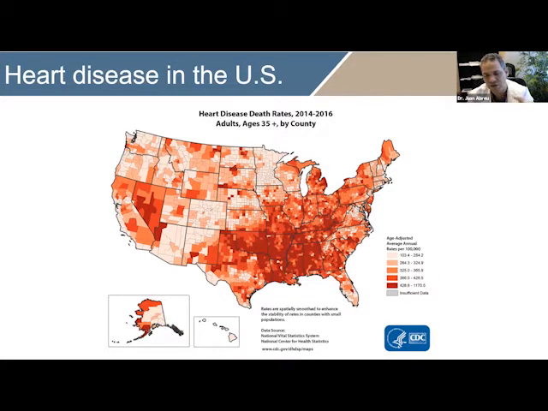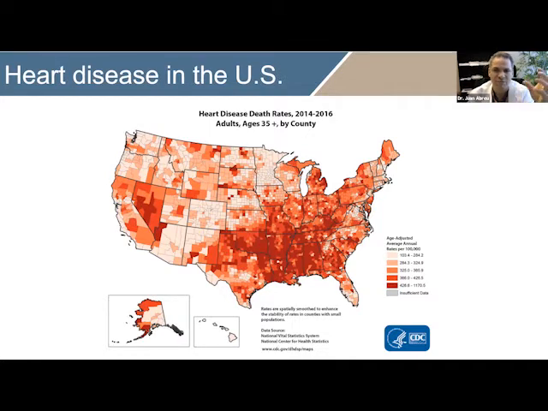So that's why the distribution looks like this, and it explains to us which geographical areas in the country we have to pay more attention to, because they're the ones that are more affected by it. And we know already that the outcomes are different depending on your race, depending on your age, depending on where you live, depending on your socioeconomic status, because not everyone has the same access to healthcare, not everyone has the same social support, family support.